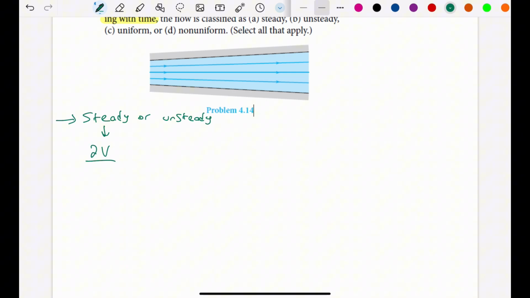So we can say dV over dt is equal to 0. Or since this is flow rate, we have dQ over dt is also 0. And when we have unsteady flow, it means that we have changing velocity and other flow properties. So since this is changing with time, we can say that this is unsteady flow.